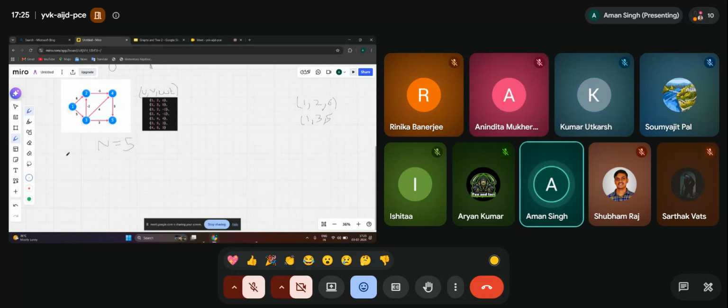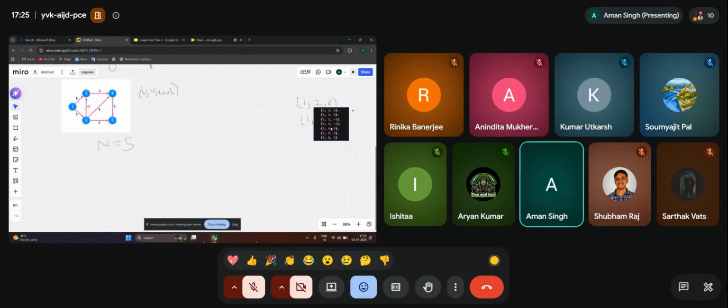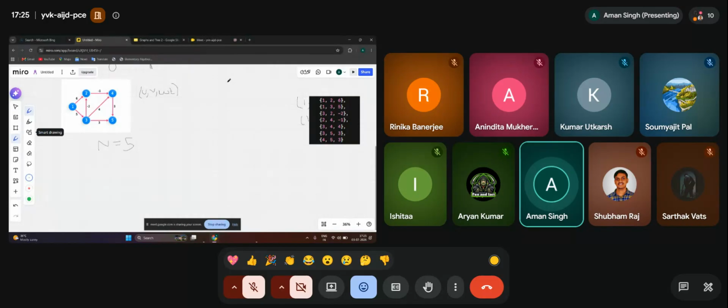Okay, so this is our edges. So we do the relaxation of all the edges n minus 1 times, where n is the number of vertices. Now, why n minus 1 times? I will tell you about this later.